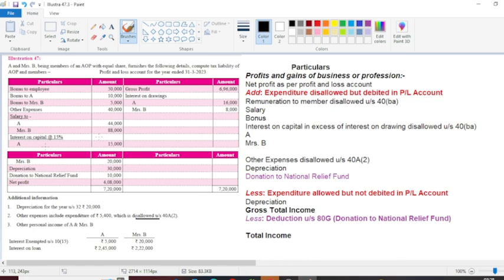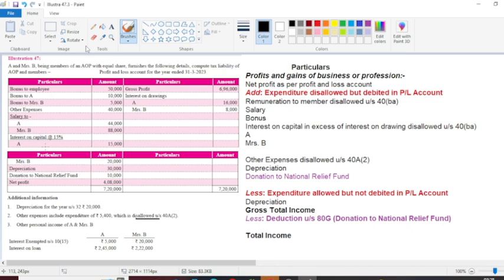The expenses that will not be allowable in the tax calculation are the remunerations to the members. Here the remunerations are bonus, salary, and interest on capital. These expenses will be added back to the net profit. First, salary to Mr. A and Mrs. B: 44,000 plus 88,000 is 1,32,000.